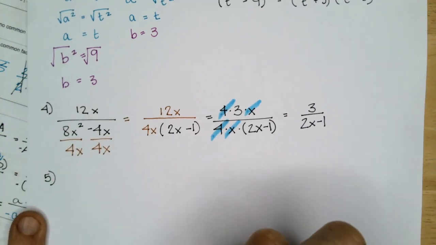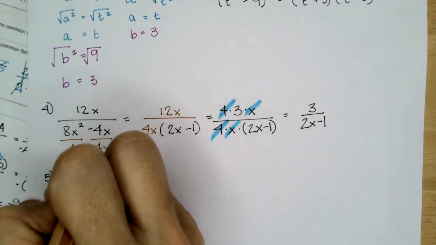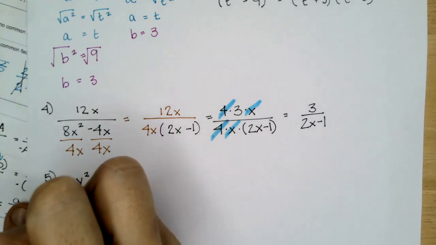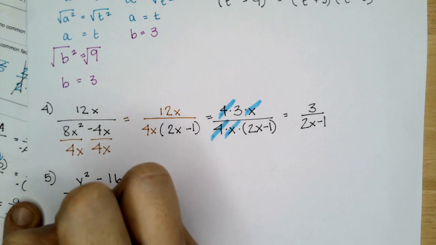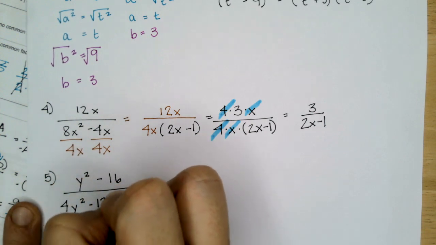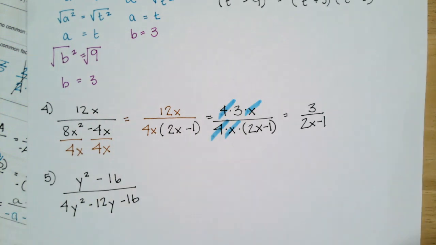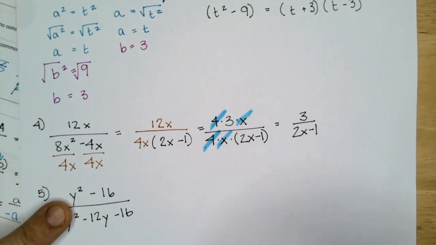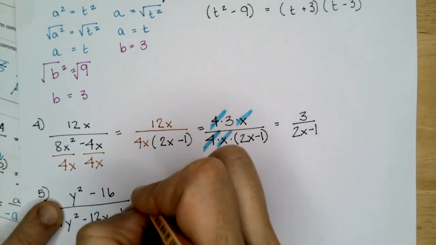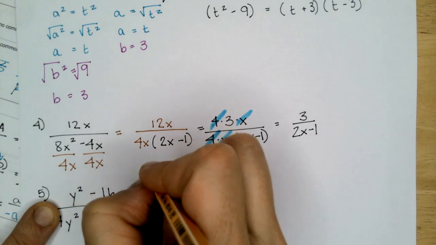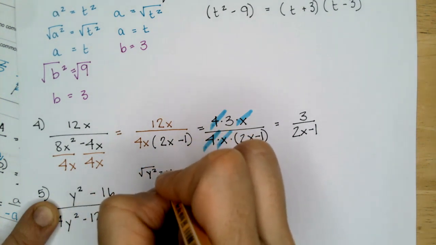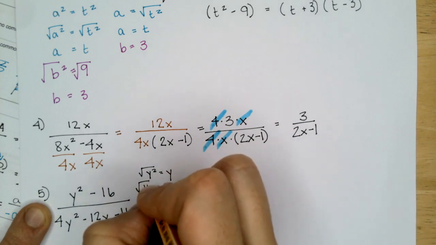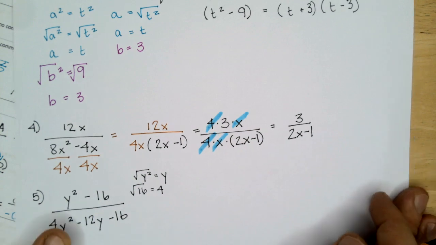All right, number 5, reduce to lowest terms, and we have y squared minus 16 over 4y squared minus 12y minus 16. This one is a difference of 2 squares because the square root of y squared is y. So that means that a is y. The square root of 16 is 4, so b is 4.